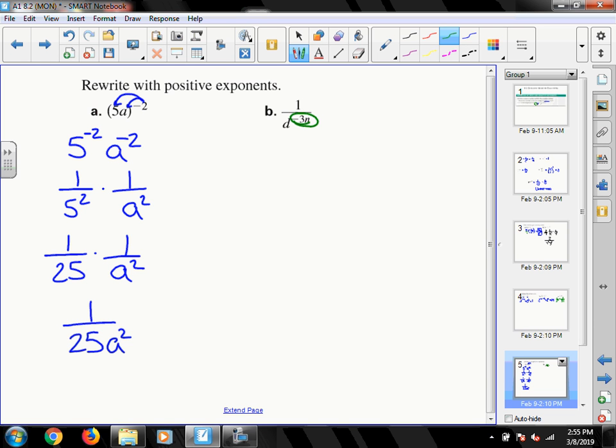This negative 3n tells me that I have d in the wrong position of the fraction. Since it's in the bottom, this needs to go up top. So I'm actually just going to get 1 times d to the positive 3n. However, since I'm multiplying d to the 3n times 1, I'm just going to leave it as d to the 3n.